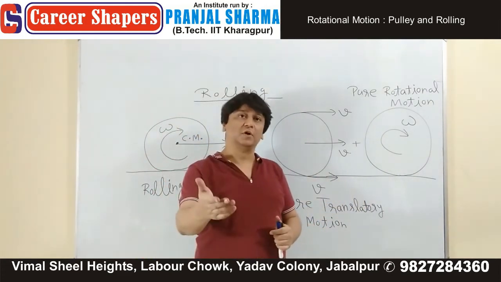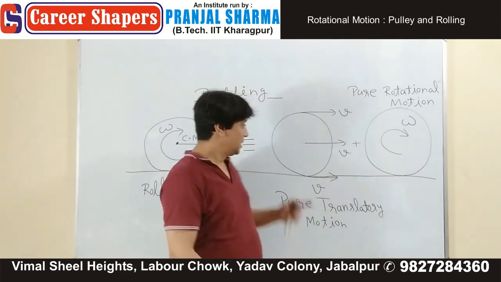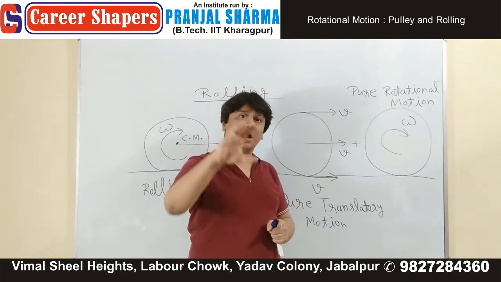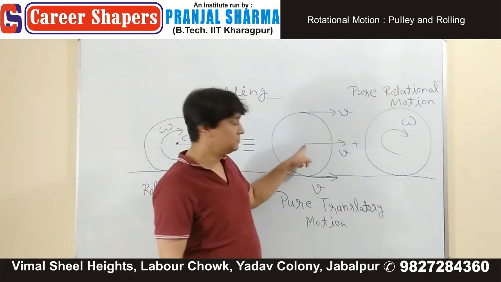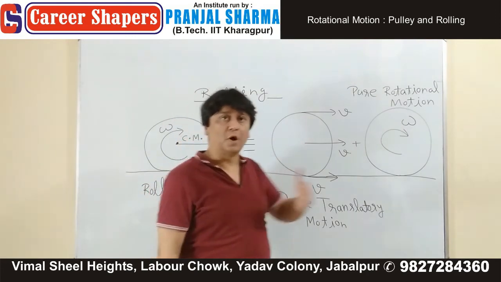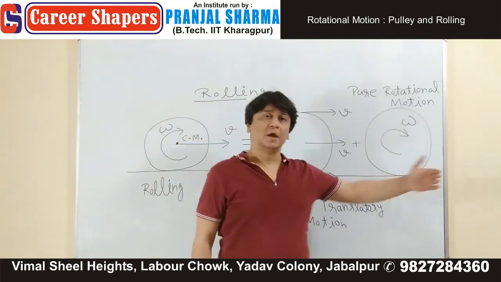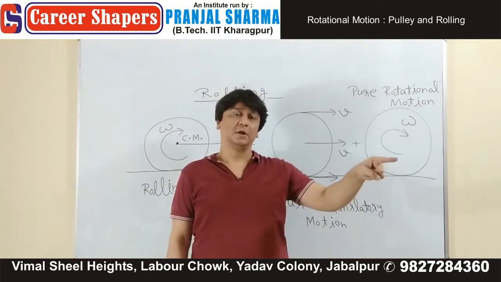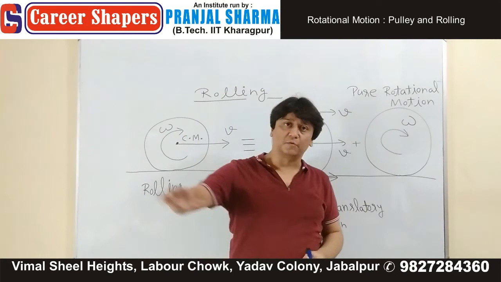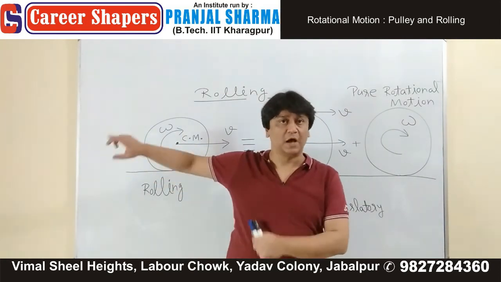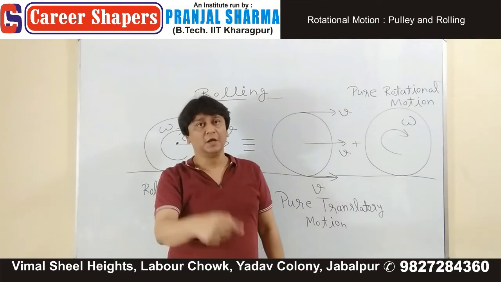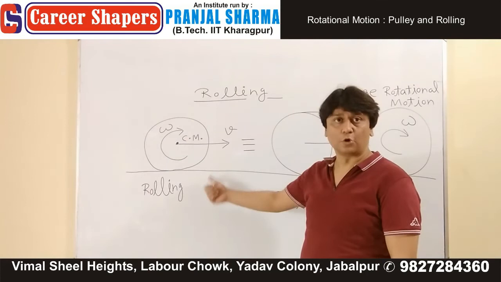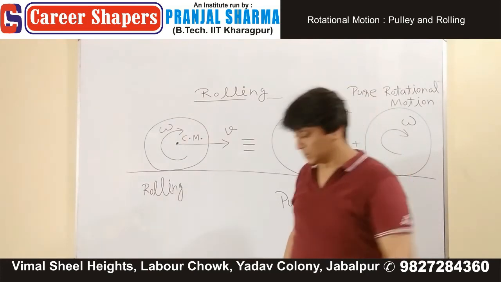As an observer, you are at rest. The bike is going with V, you are also sitting on it, so the axle of the wheel will not appear to move forward to you. You will see the wheel only doing rotational motion. But at the same time, if you ask an observer standing by the side of the road what type of motion he sees, he will say that he sees rolling.